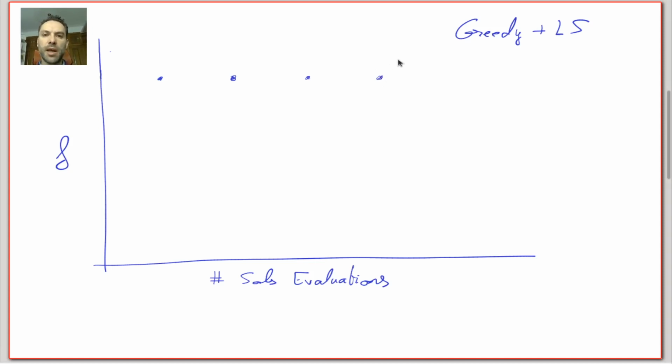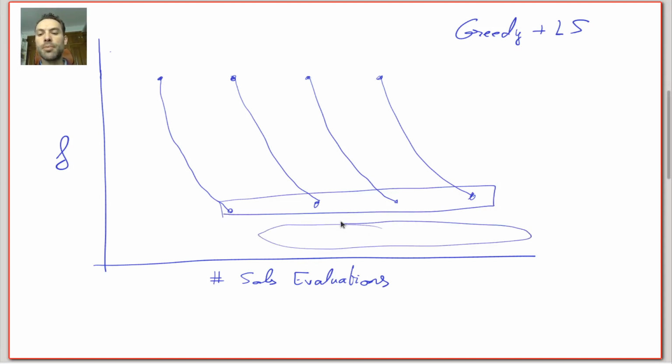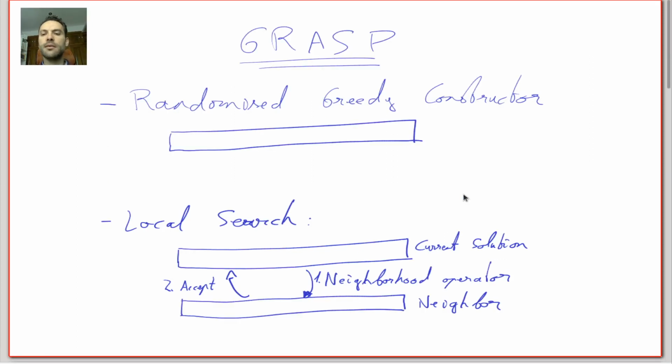So if we apply local search to these solutions, it is very probable that we always obtain the same local optima, and there is no chance to produce a solution that perhaps could be even better than this local optima. So that's why GRASP comes into the scene.